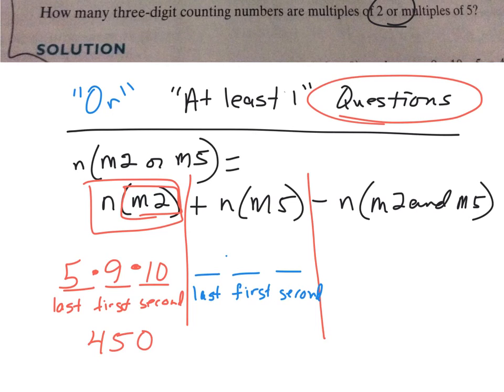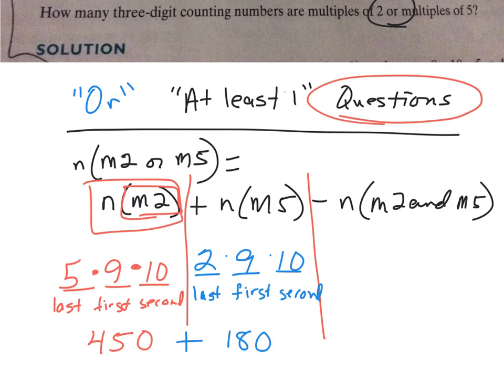Class, if I'm a multiple of 5, then how many choices do I have for the last digit? 2. What are they? 0 and 5. That's right. I've got to end in either 0 or 5. So 2 choices for the last digit. Still 9 choices for the first digit, everything except 0. And 10 choices for the second digit. And 2 times 9 times 10 is 180.